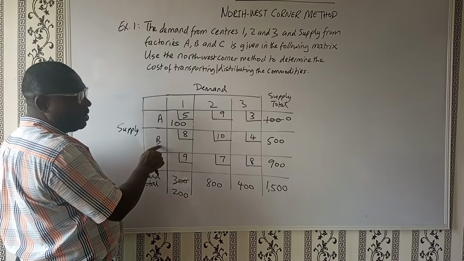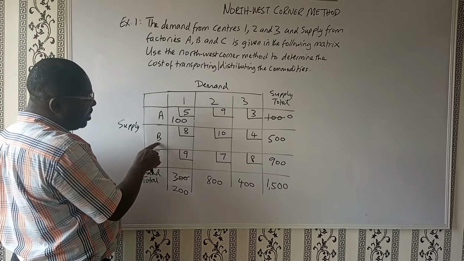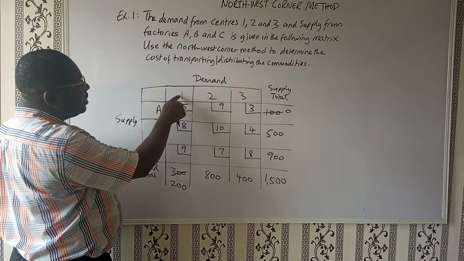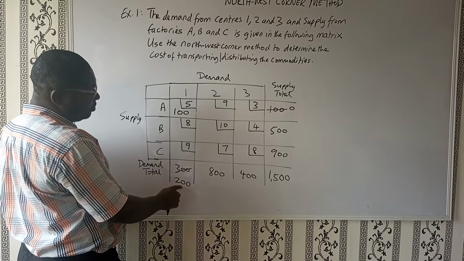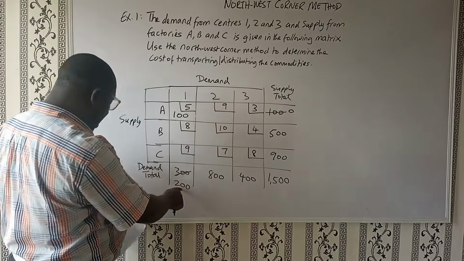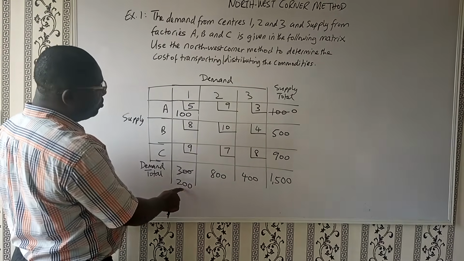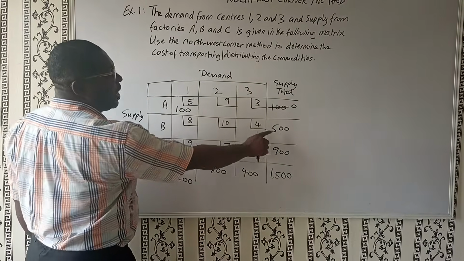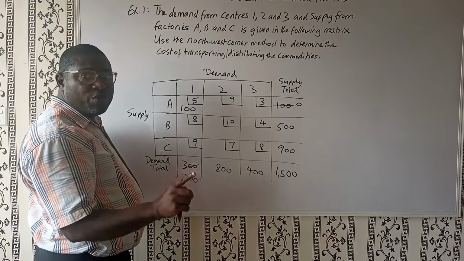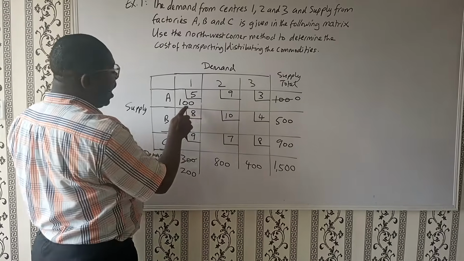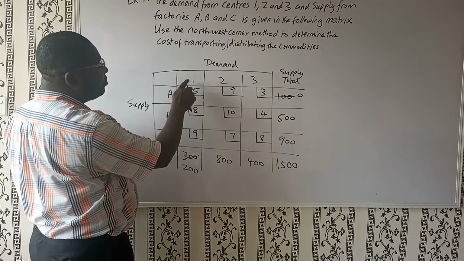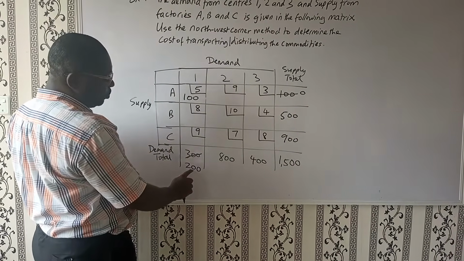We take from factory B. So from factory B, there's still the demand of 200 here, and factory B can supply 500. I hope you're following. Factory B can supply 500, and we still have an excess demand from center A of 200.